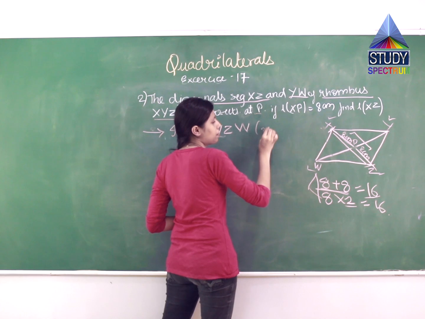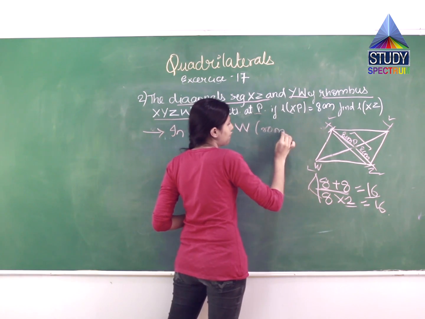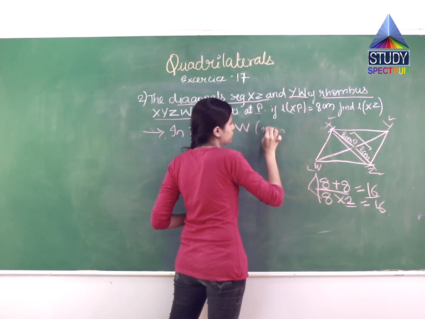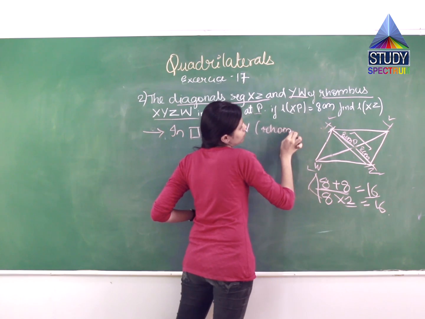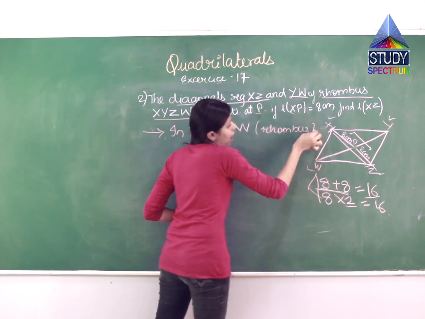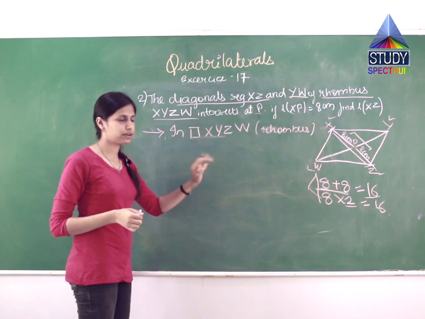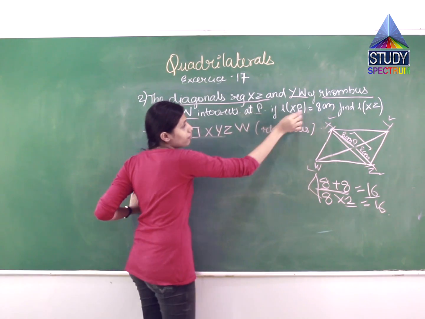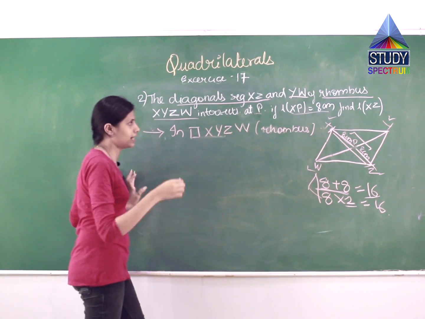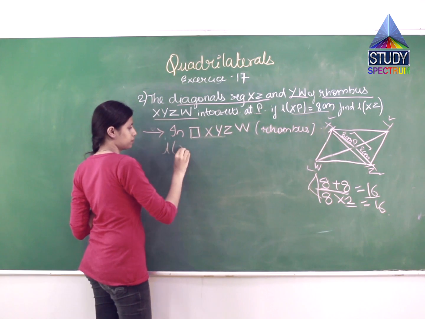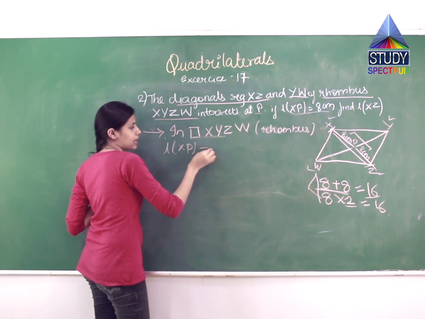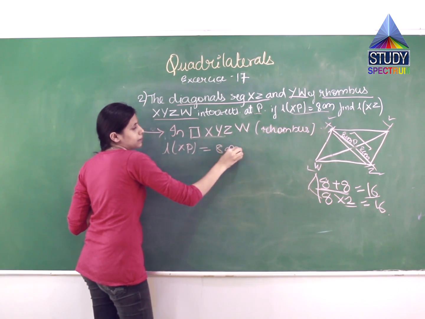You can write in the bracket, rhombus. After writing rhombus, now the extra information they have given, you have to copy it down. They have given XP as 8 centimeters. So length of XP is equal to 8 centimeter.